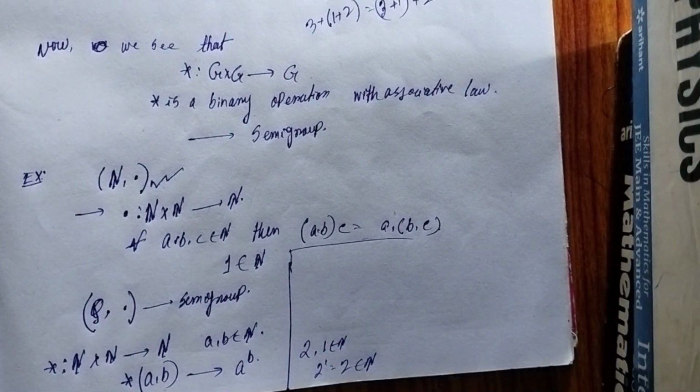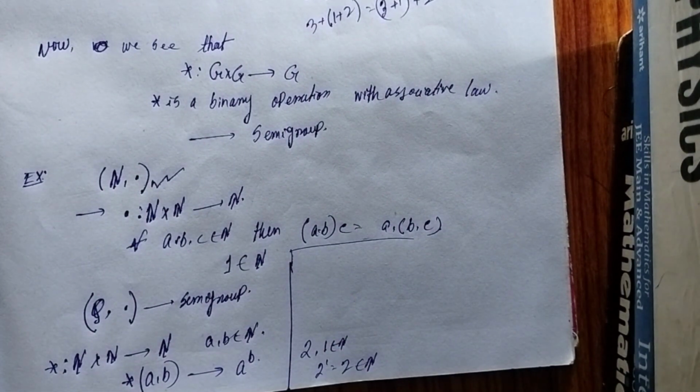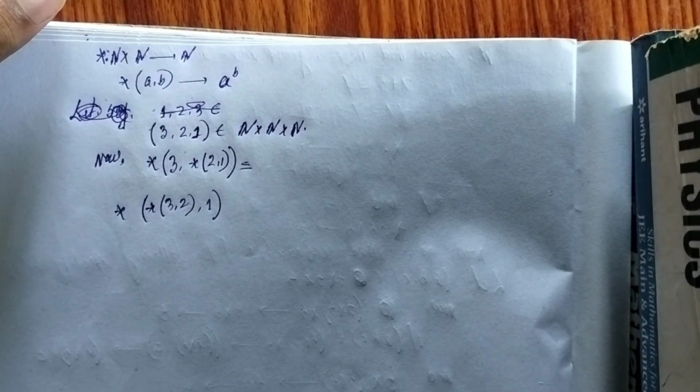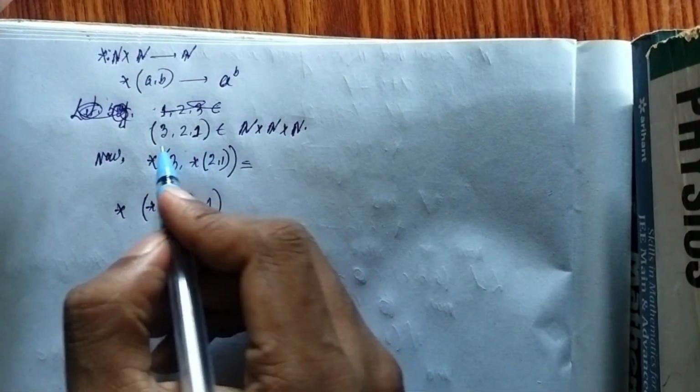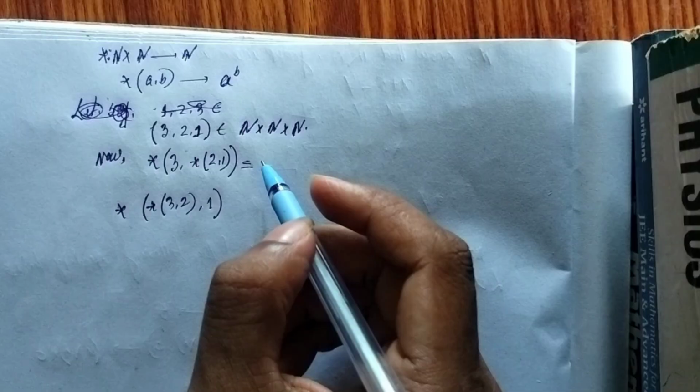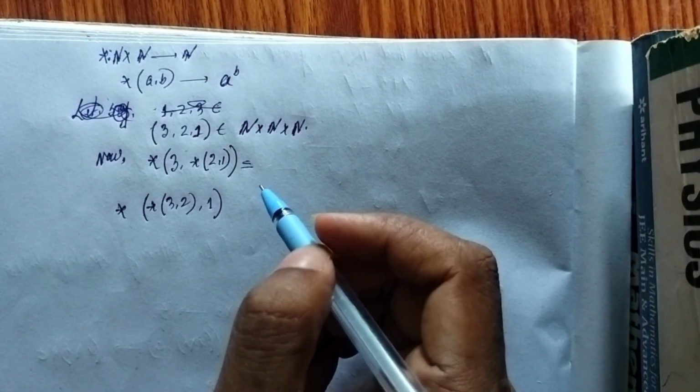But is it associative? This is the most important thing that you need to check. Let us take the example (3, 2, 1) belonging to N cross N cross N. I am writing the associativity in order, as in the definition.